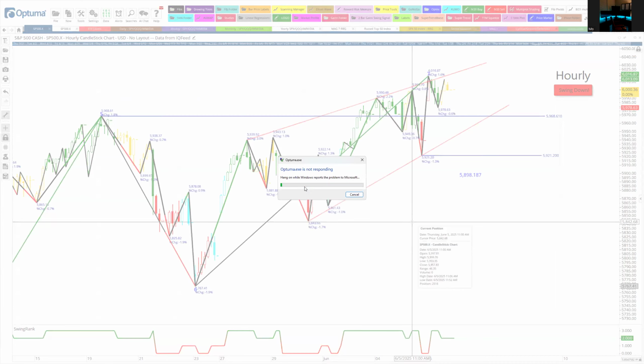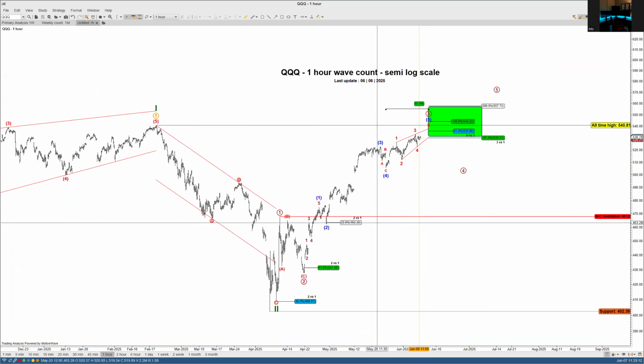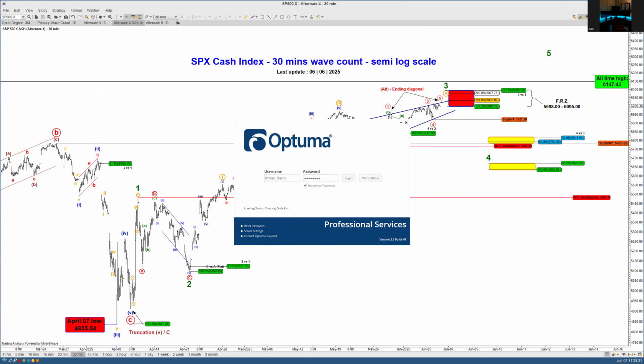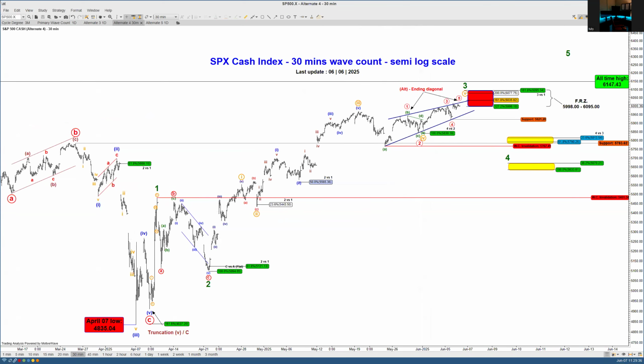Okay, I knew it. Because you're running a massive scan.